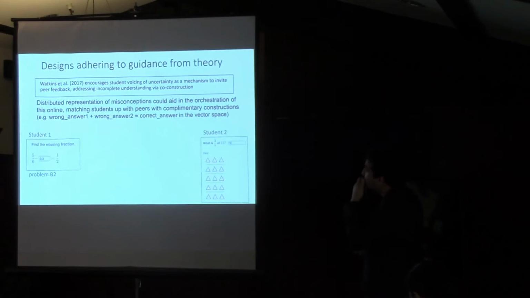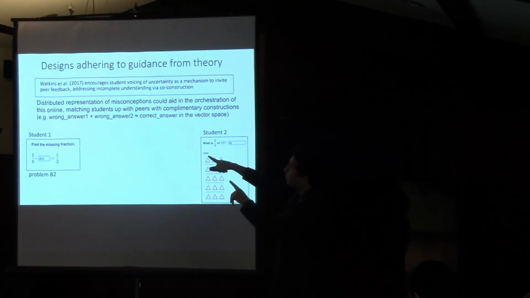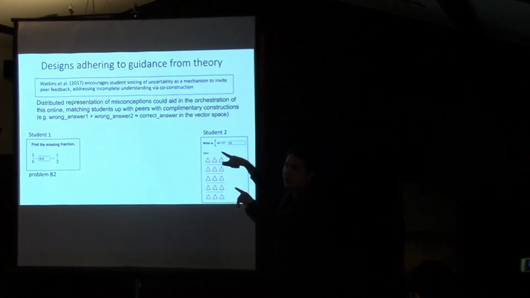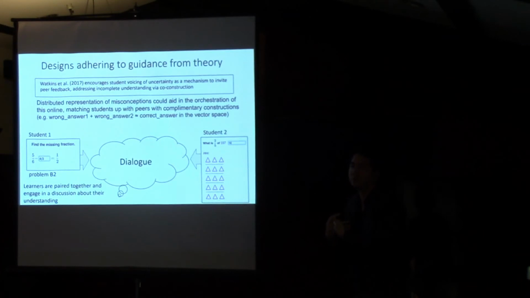So what you could do here is have a student who answered a particular way that was wrong, but then in this vector space, you could say that wrong answer plus what equals the correct answer, and look for a student who answered in that plus what, and then have them start a dialogue.